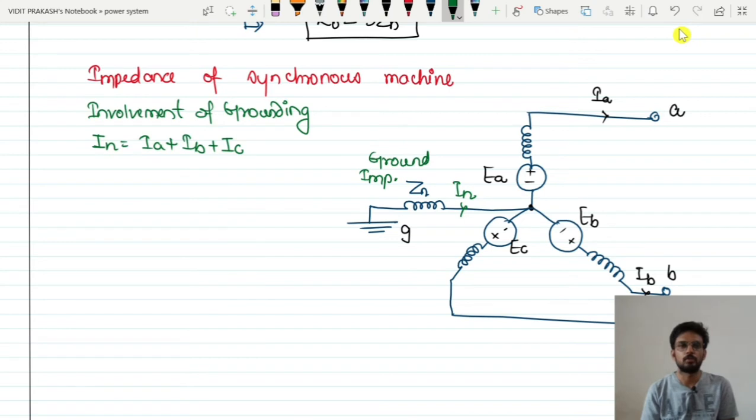Now the unbalanced line current is resolved into three components.